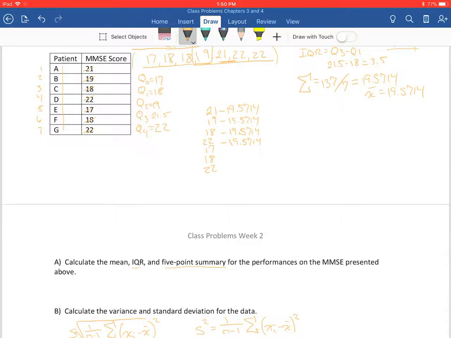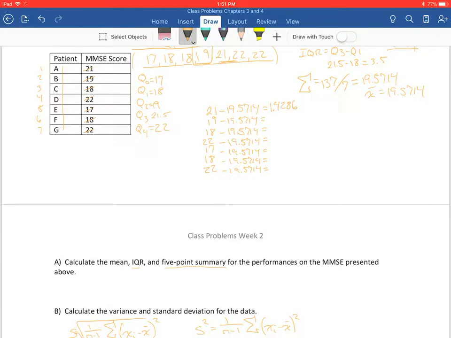Remember, this is called the deviation, how far that data point is from the mean. If you just add up all these deviations without squaring them, you would get a value of 0. But by squaring them, we get the sum of squares, and that's how we're able to determine the plus and minus value of our standard deviation, which gives us an approximation of a normal distribution, which we use later on going forward.